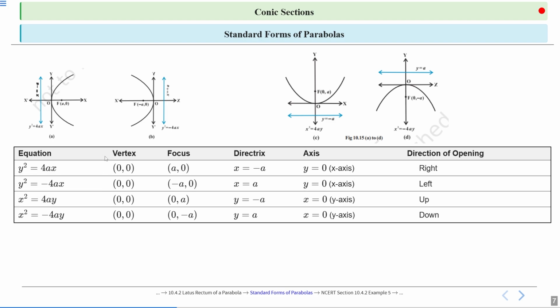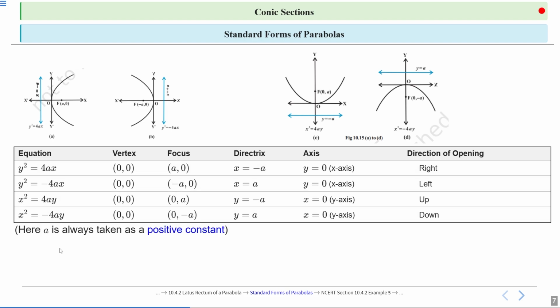We have studied the vertex, focus, directrix, axis of parabola, and direction of opening of the 4 standard forms of parabolas. Okay, clear?